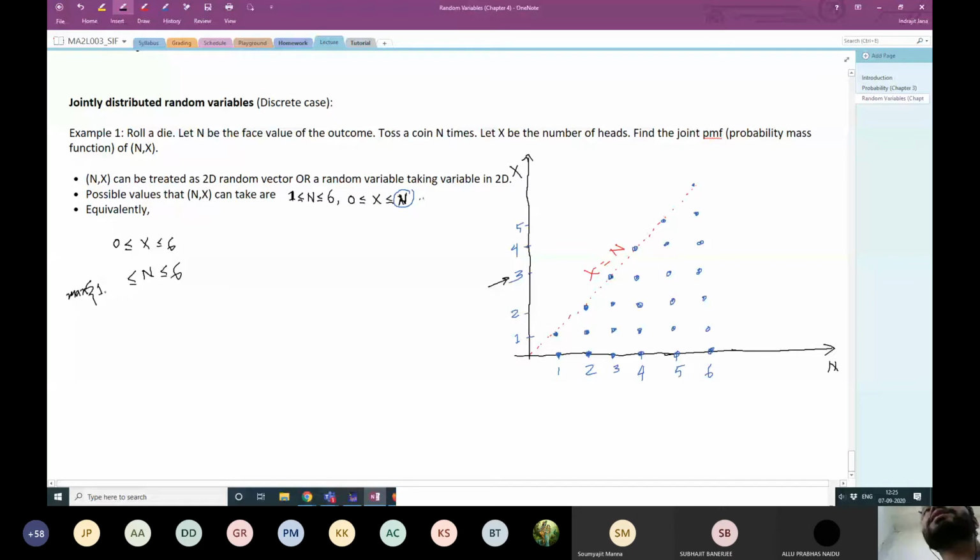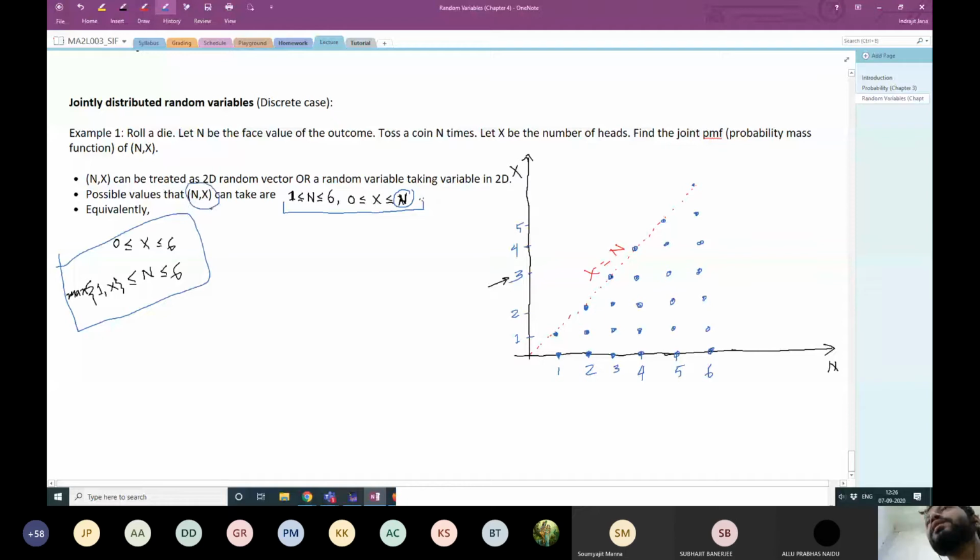Anyway, this is actually a better description, and you can use it. This is an alternative description for the possible values of n given x. The first one that I wrote is simpler, but I wanted to give you both.